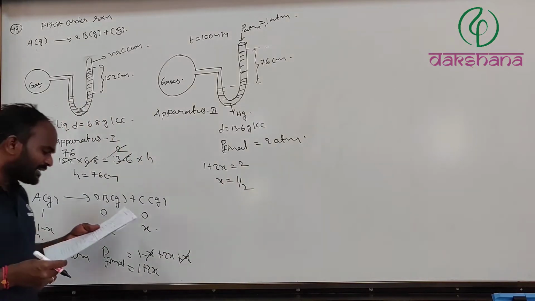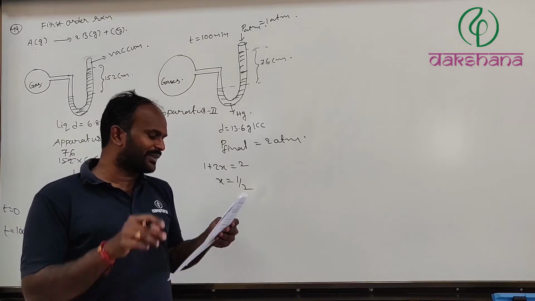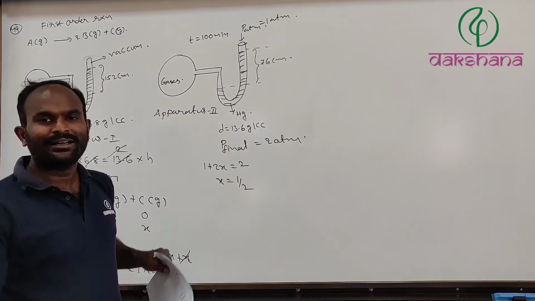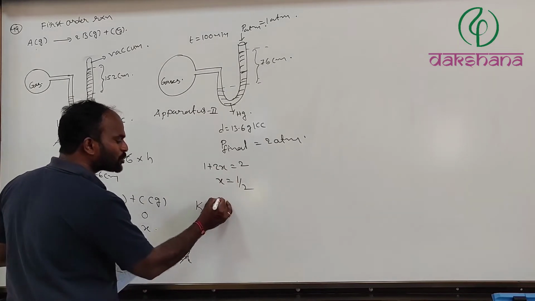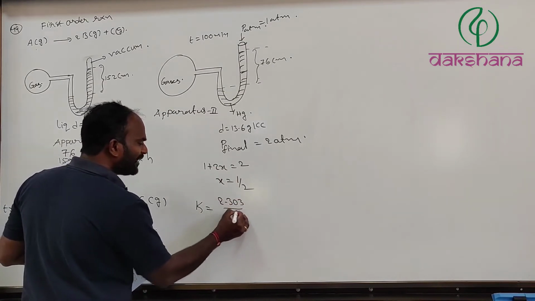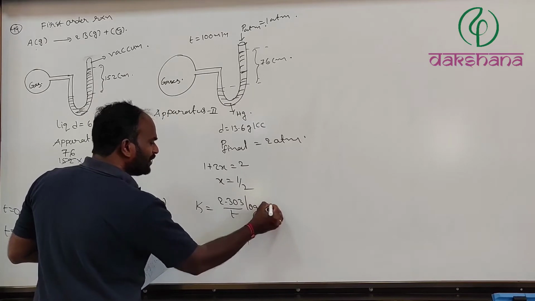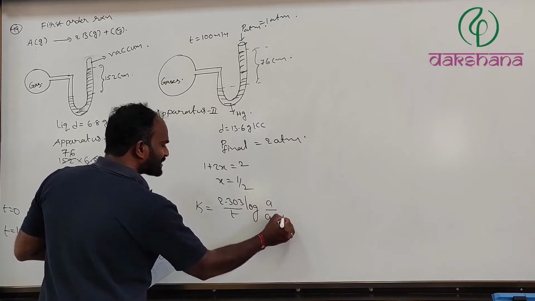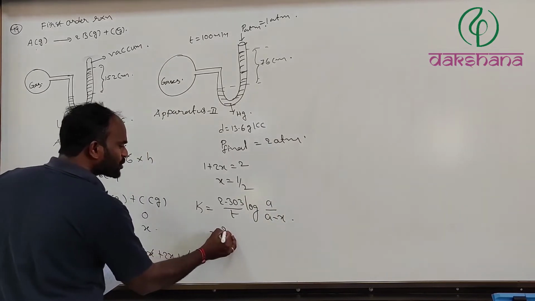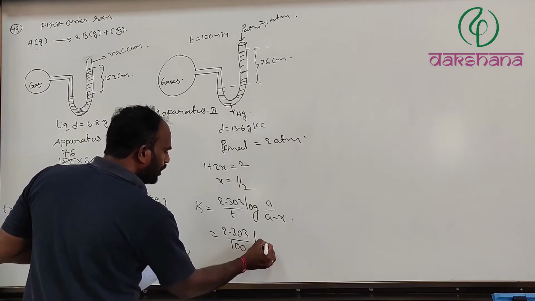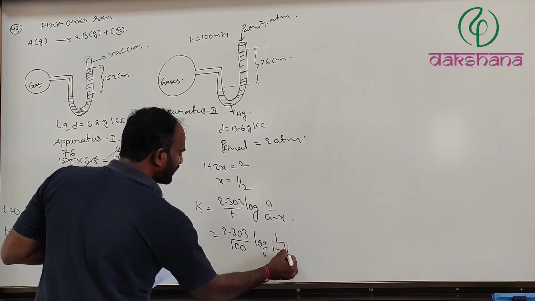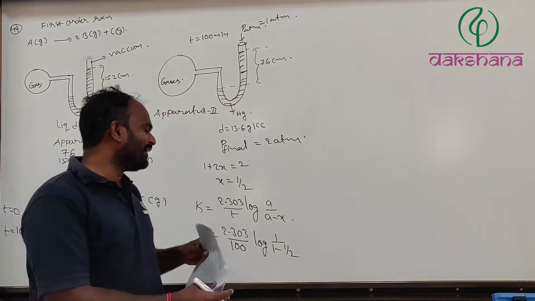Now let's calculate the first one, the rate constant. For a first order reaction, rate constant K is equal to 2.303 divided by t, log a divided by a minus x. That is equal to 2.303 divided by time 100, log 1 divided by 1 minus 1 by 2, that is 1 by 2.